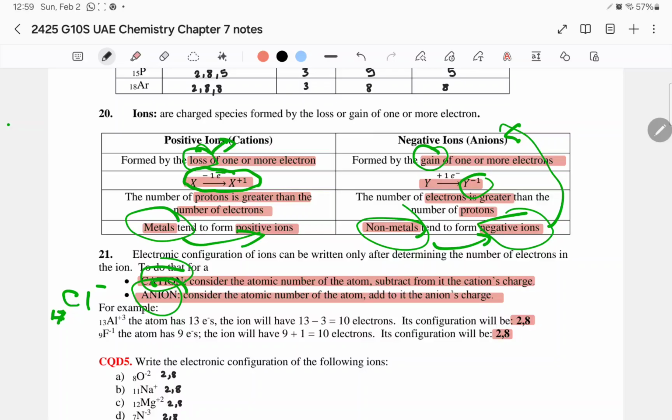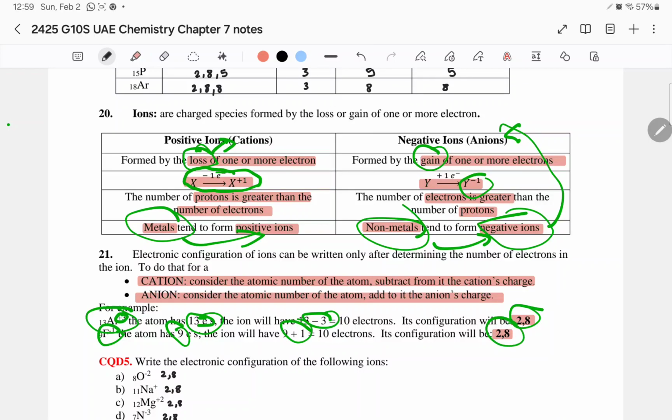If it's Cl minus, you will have 18 electrons because you take the minus 1 and add it to this number. Anion, you add it. Cation, you take the number and subtract it. So Al 3 plus has 10 electrons. So if it's 3 plus, you minus 3. If it's F 1 minus, so 9, and then you add 1.